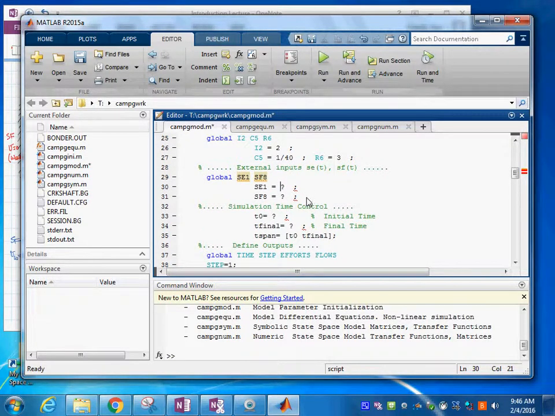SE is, let's say this is 1, or let's just say, call it 10. This was the velocity of the wall. The initial time here, 0. And then you have the final time, 5 seconds.